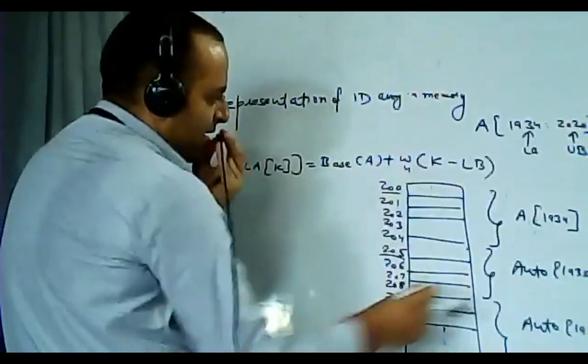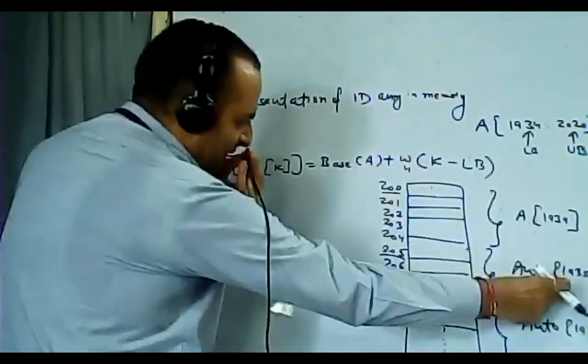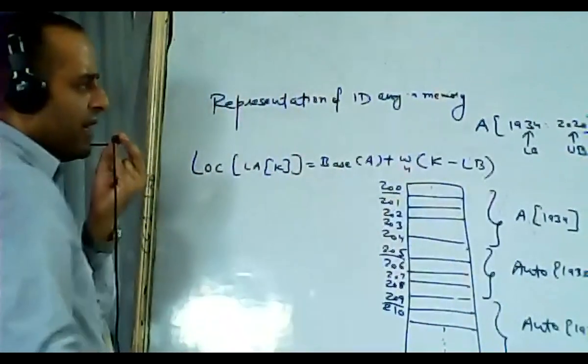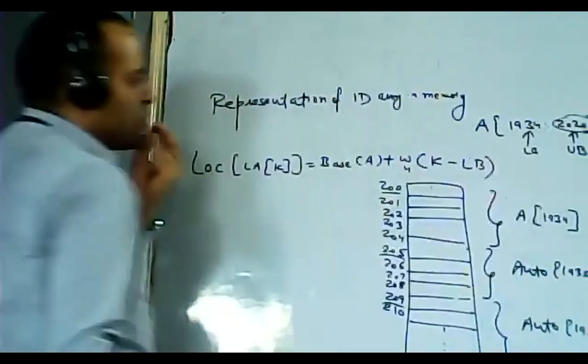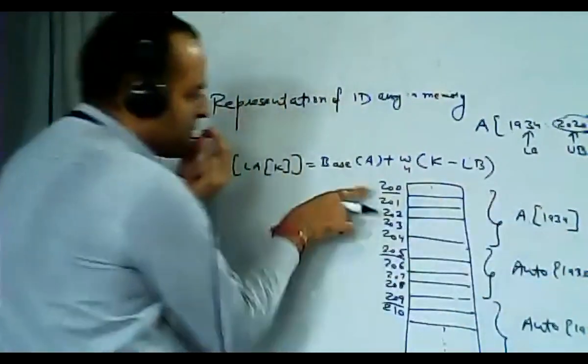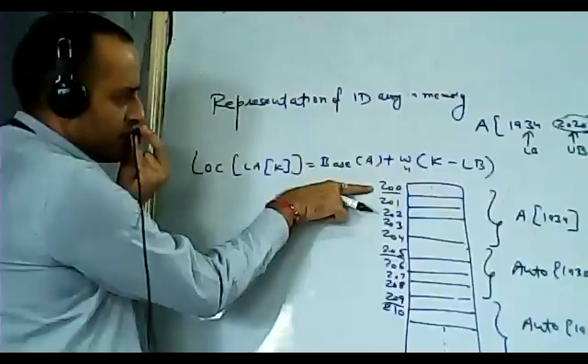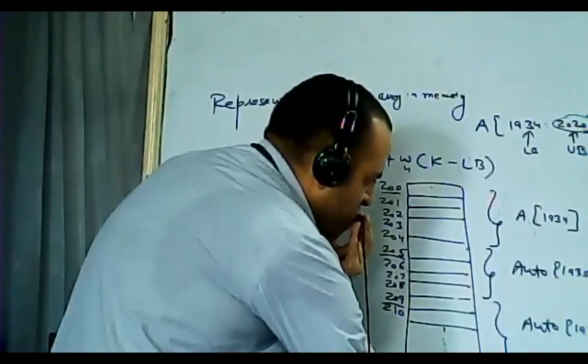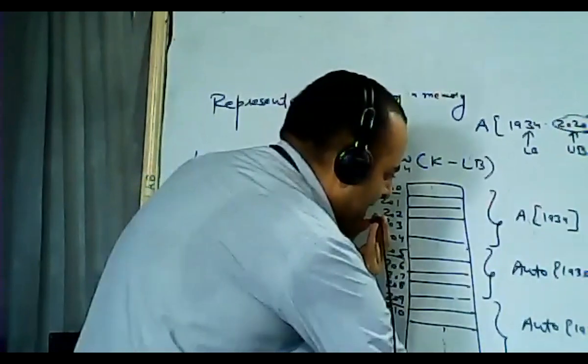It will be fixed. 1934 is taking 4 locations, 1935 is taking 4 locations, 1936 is taking 4 locations, and so on till 2020. Now tell me, what is the first address of 1934? 200. What is the first address of 1935? 205. What is the first address of 1936? 209.